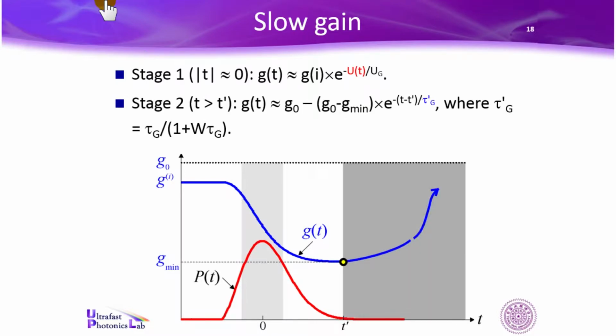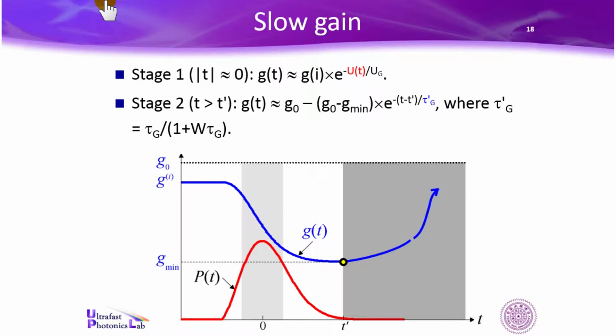Then in stage 2, we got a different model. When time is greater than t prime, defined here, the pulse tail, g of t is governed by this relation. Basically, it's an increasing function of time.